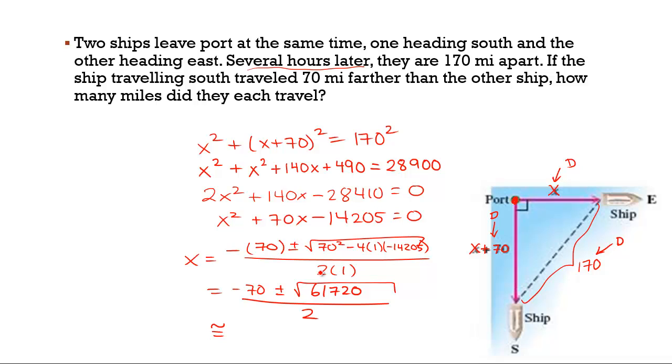So if we add that to negative 70 and then divide by 2, we get 89.2. The other answer would be subtract that, so negative 70 minus 248. So that's going to be a minus number, so we're going to reject that number because it's not a possible distance. So the distance of one ship was 89.2 miles. The distance of the other ship was 70 more than that, which is 159.2 miles.